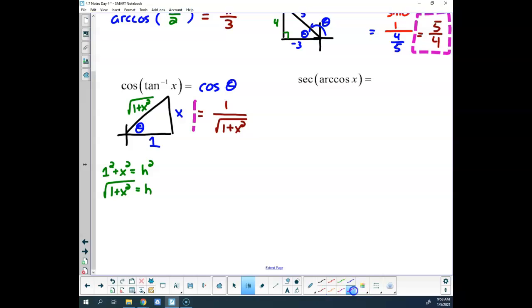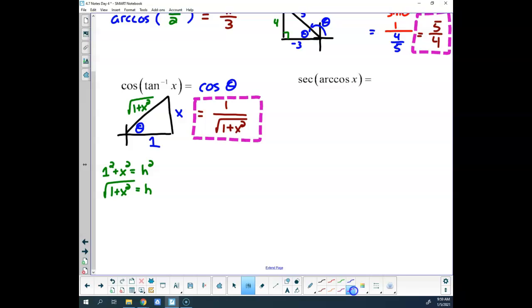And for purposes of compositions of functions, we will leave them rational. Okay?